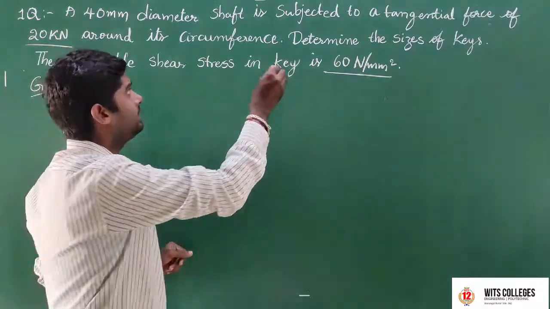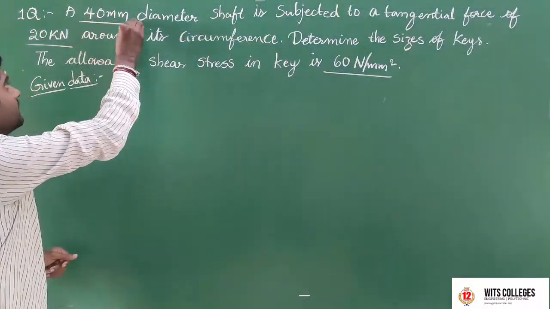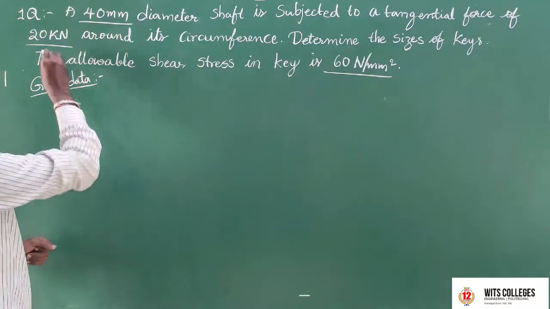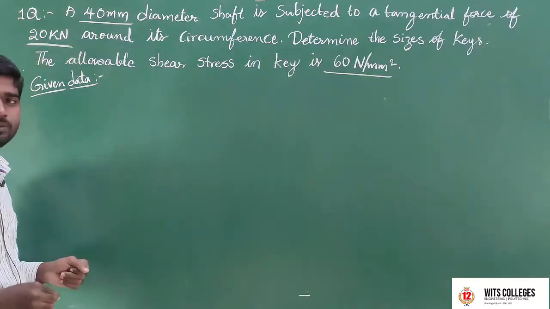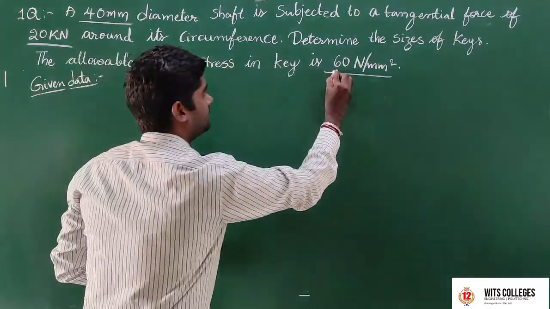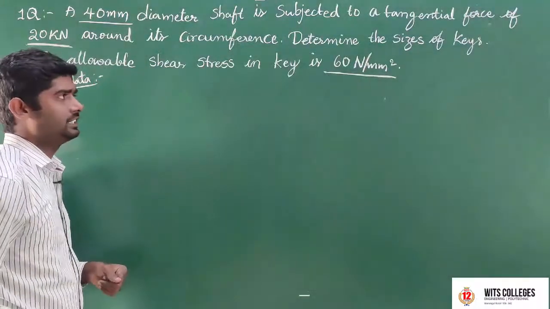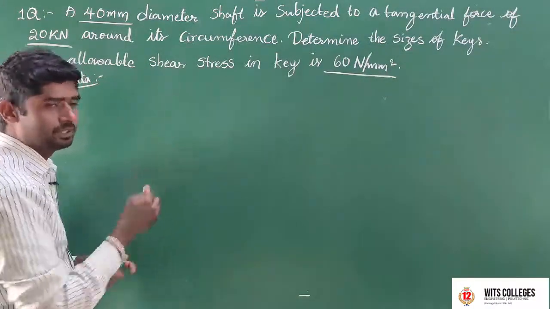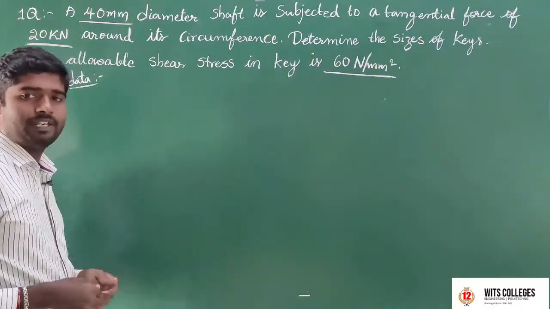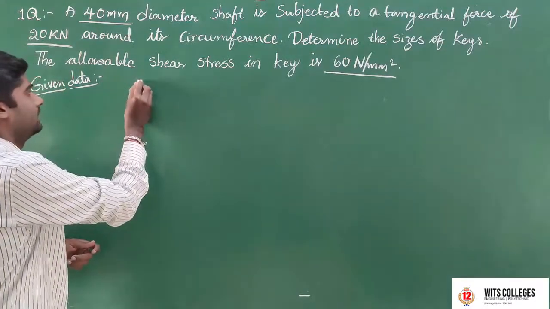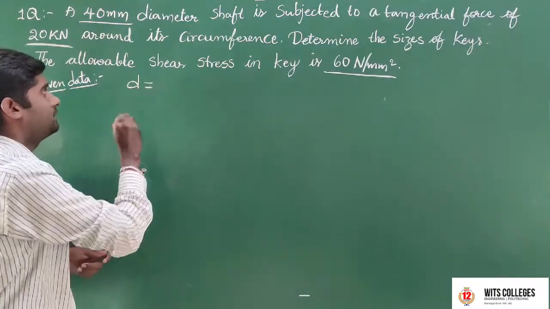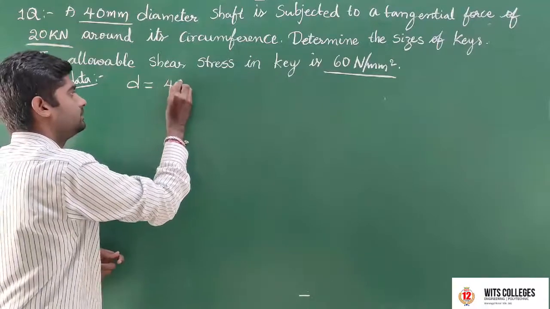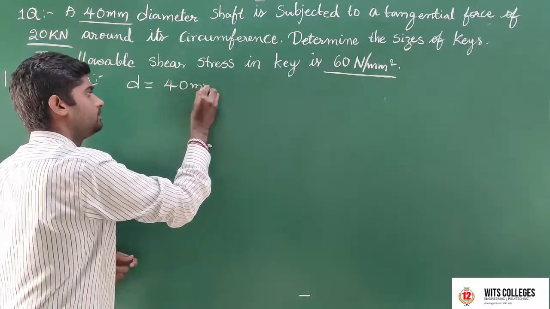Our given data is: diameter of shaft 40 mm, load 20 kilonewtons, shear stress tau is equal to 60 newtons per mm square. First of all, write down the given data. Diameter of the shaft is 40 mm.